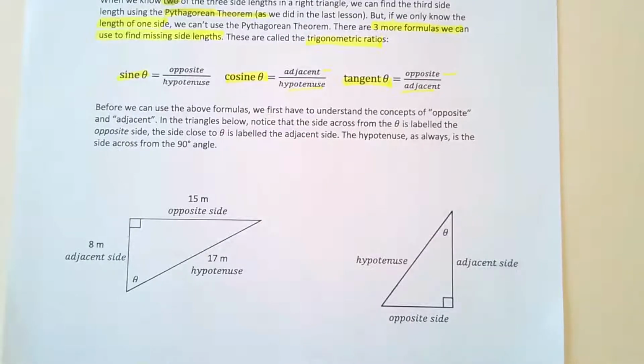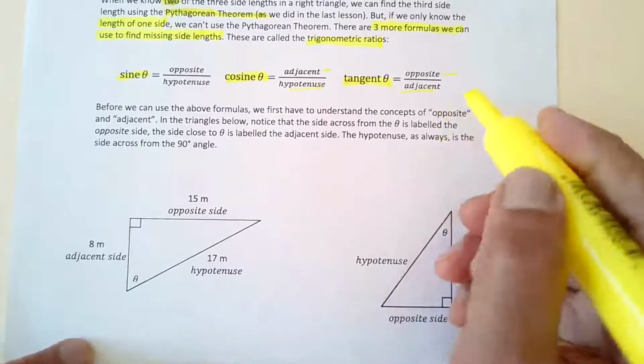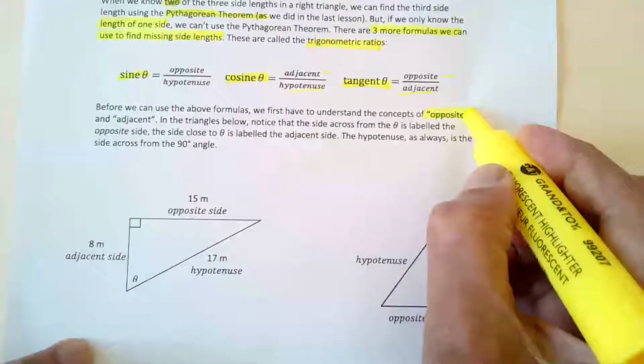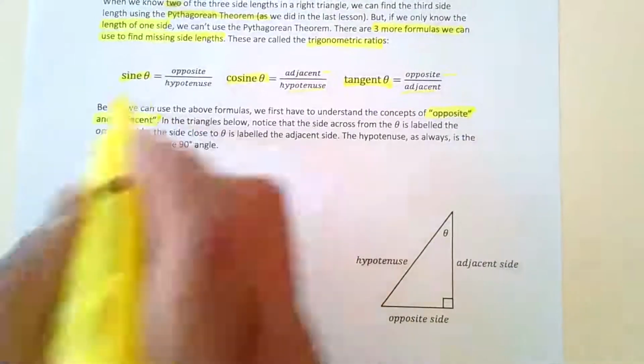So the concept of opposite and adjacent. Those are the two terms we'll be looking at: opposite side and adjacent side.